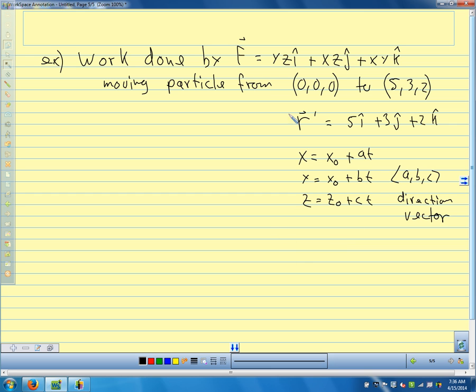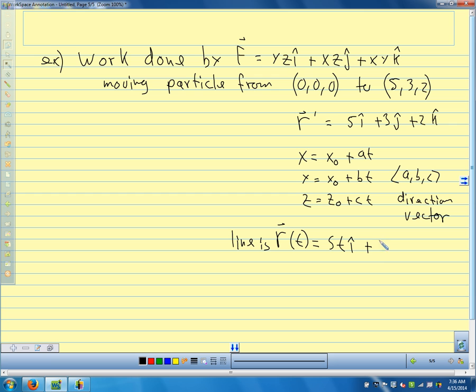So our parametric equations for this line is r of t equals, and it's nice because we can use 0, 0, 0 for our x0, y0, z0. Our direction vector is just the vector from 0, 0, 0 to 5, 3, 2. So our direction numbers are 5, 3, and 2.